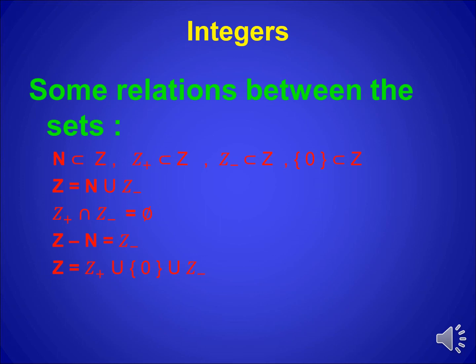I don't have a common element between Z positive and Z negative. These are disjoint sets. Z minus natural equals Z negative. When I remove the natural numbers, what's the remainder in Z? Yes, it's Z negative. Z equals Z positive union 0 union Z negative.